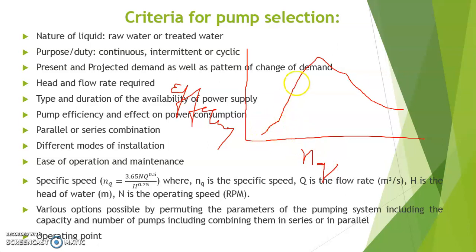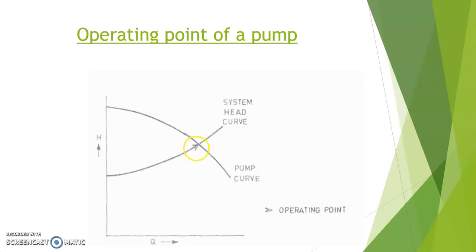So, as specific speed increases up to a certain level, the efficiency goes on increasing. And operating point, that point at which the pump will operate. That means what discharge it will give and what head it will provide. Actually this we obtain by means of the pump curve and system head curve.